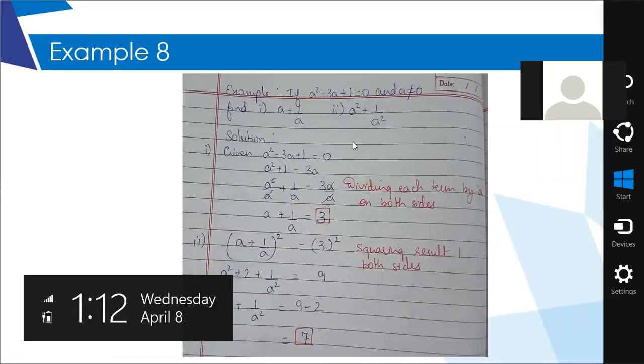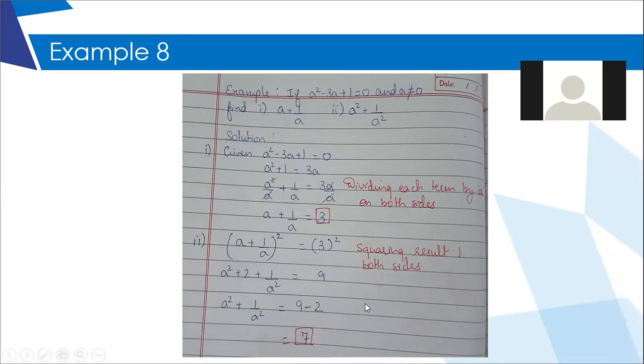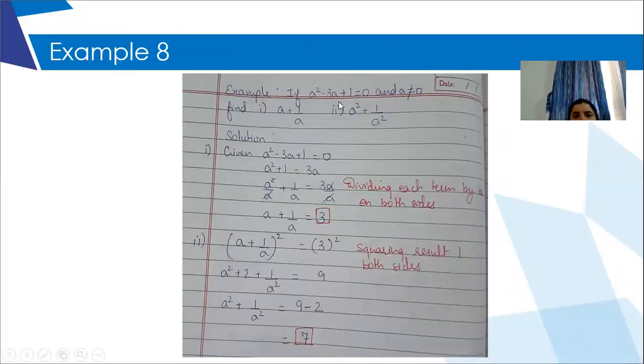Someone is asking why we have divided by a. Why we have divided? Because otherwise how will you solve this? I have to get the value of this expression, a plus 1 upon a.